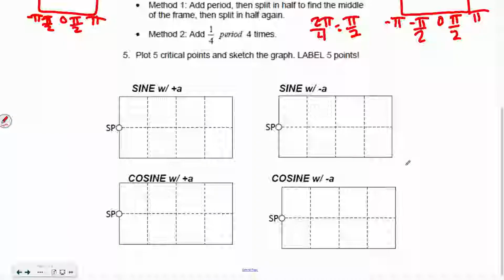Well, when we started, what's the sine of 0? 0, right? And so this starting point represents what would normally be the origin if there's no shifting. So sine starts at the starting point of the frame.